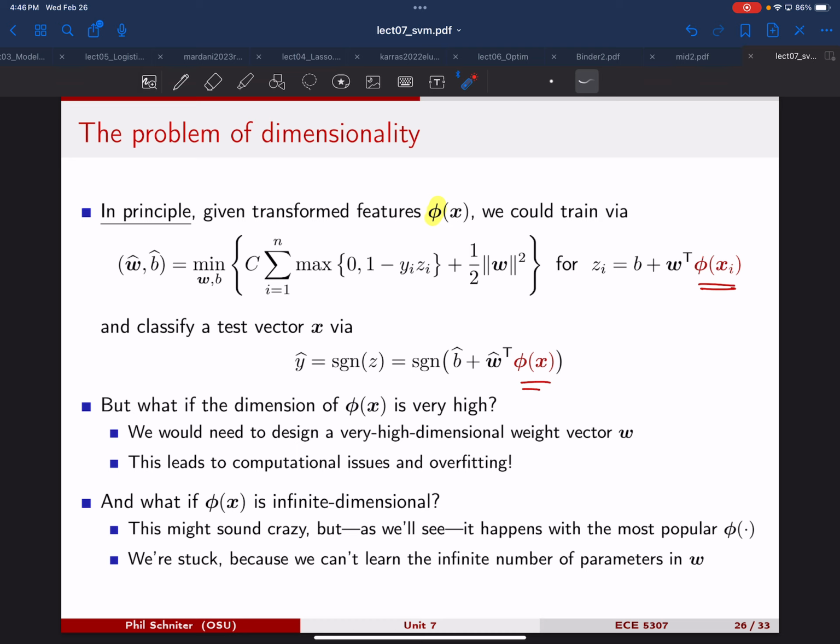And as the features are growing in dimension, simultaneously your W vector must also grow in dimension, right? And what do we know happens if I have polynomial regression with way too high of a polynomial order? I run into the variance problem. I have lots and lots of parameters to train.